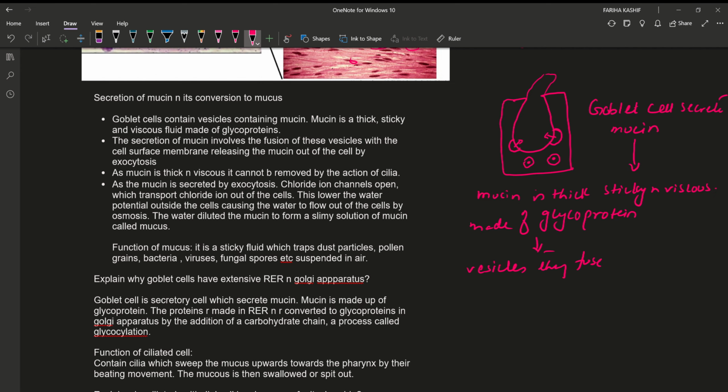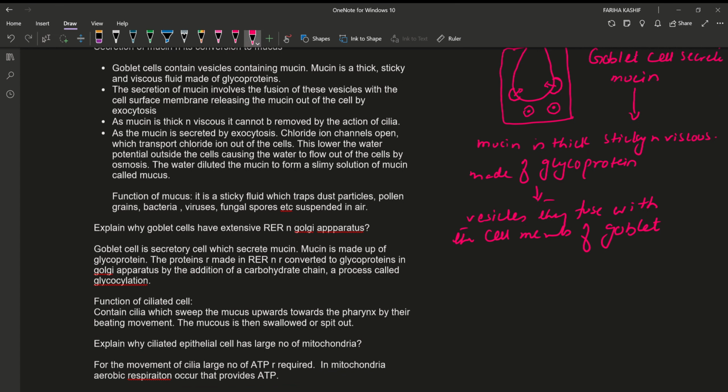These vesicles fuse with the cell membrane of the goblet cells, because they are present inside the goblet cells, so of course they will fuse with the cell membrane of the goblet cells and release mucin outside.